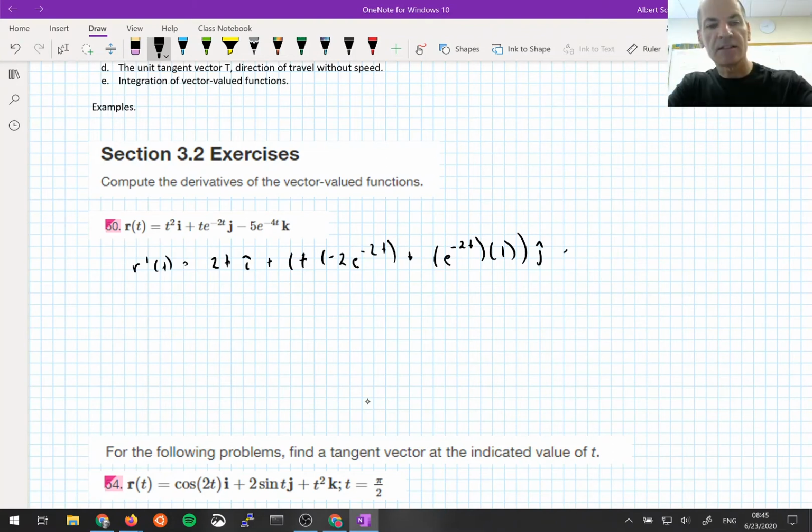Last, not least, is the derivative of the k component. Actually it's going to be plus 20 e to the minus 4t, and then carry along the k unit vector. You can simplify this a wee bit.